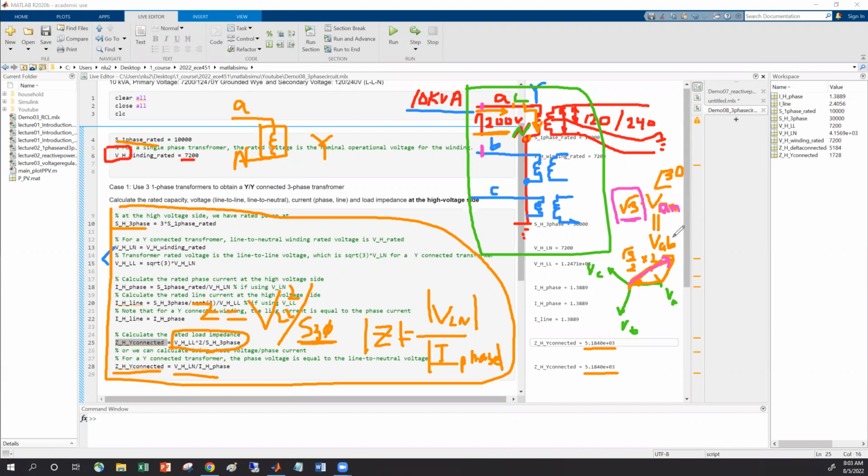So this is AN, which is line to neutral, okay? So there are two voltages. But the line current, because the current directly flows into the phase, in a Y-connected transformer, the line current equals the phase current, okay?